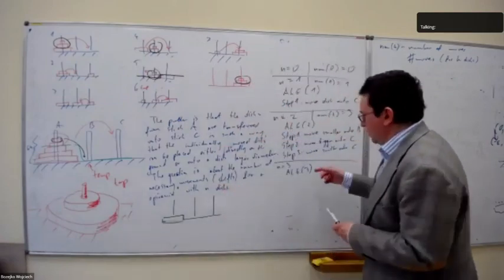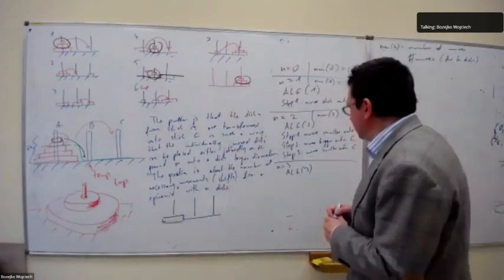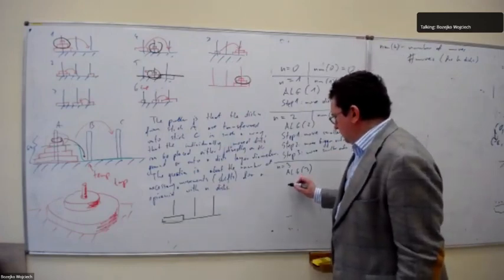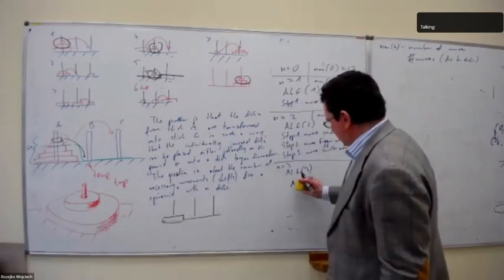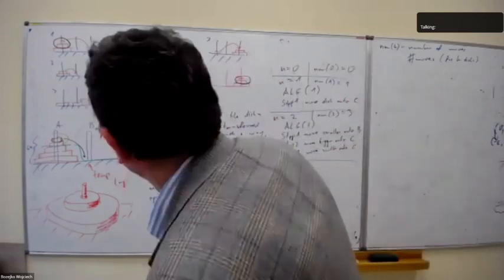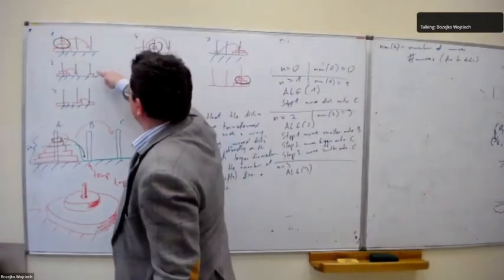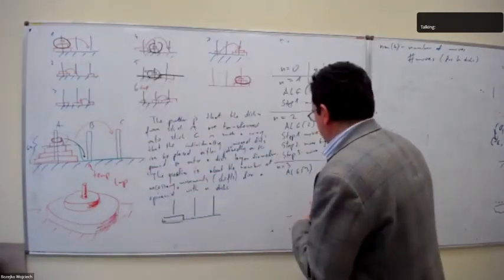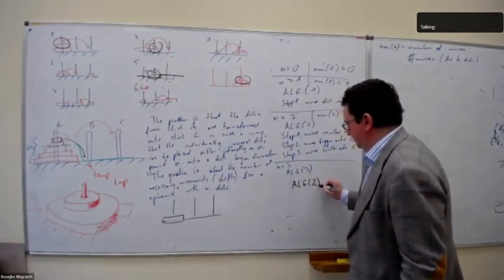So let us try an algorithm for 3, something like this. Maybe let us write it in steps, but with some observation. Like here, this one, and this one, can be written as the algorithm for 2.